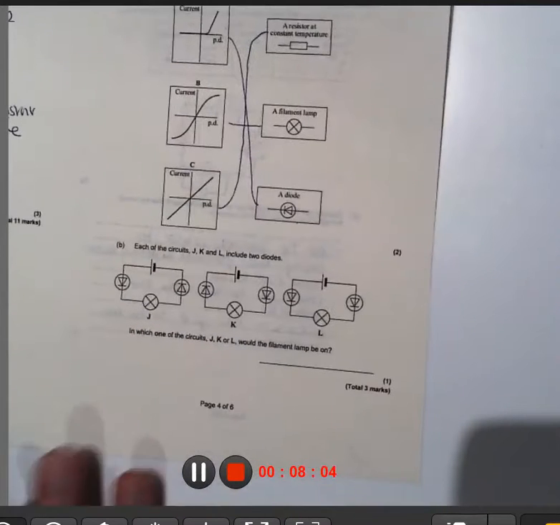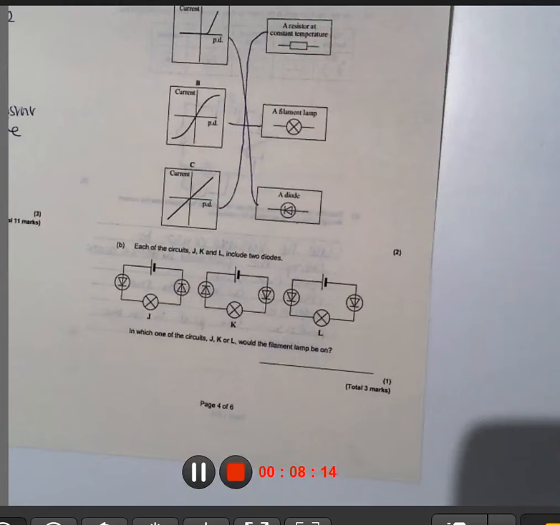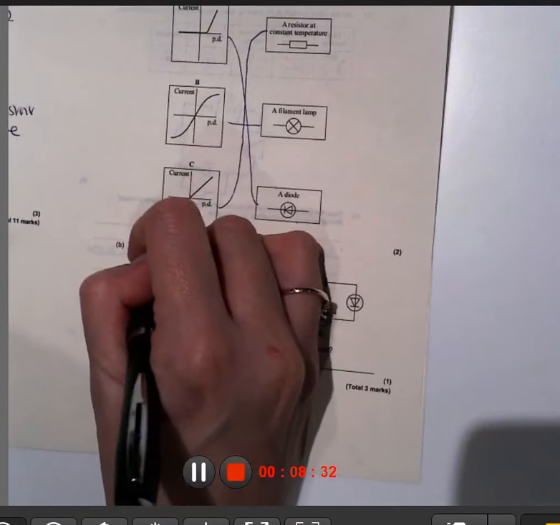It says each of the circuits J, K and L include 2 diodes. Which one of the circuits would the filament lamp be on? So you've got to follow the current round, okay? And current flows from positive to negative.